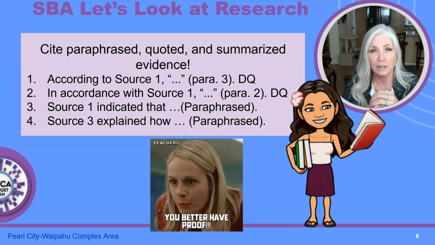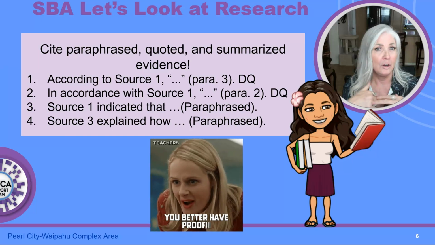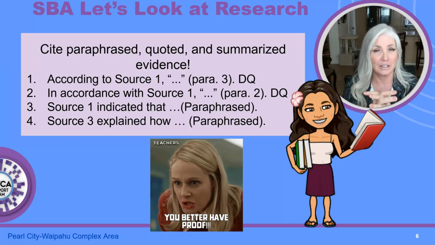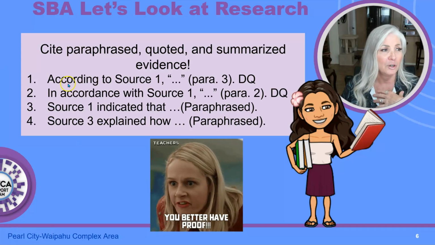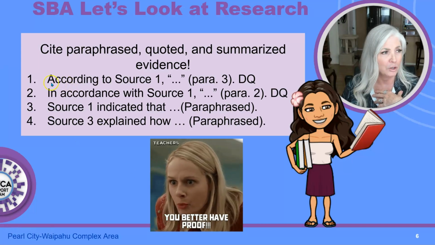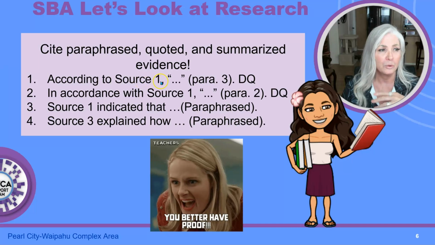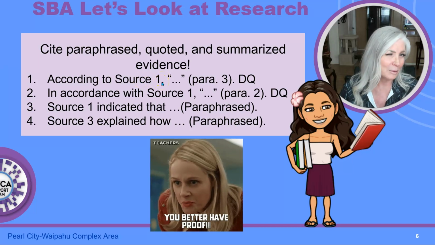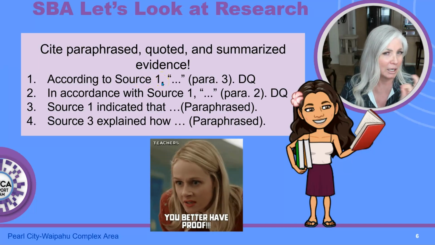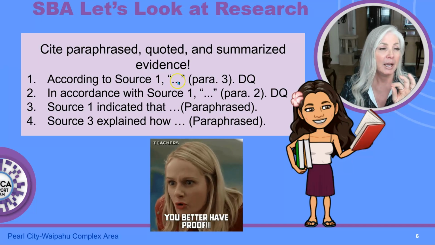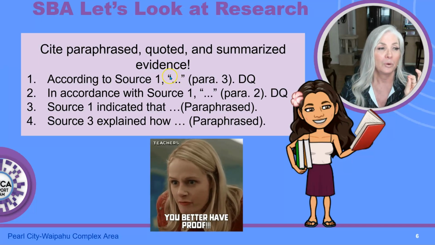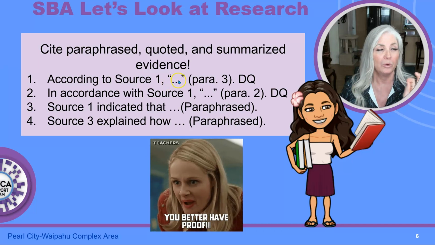And the way that we can cite our sources, and you can do this all the way up until you finish your doctorate, because it's the right way to do it, is if it's a direct quote, you could say, according to source 1. Now the first time you write the source, you might want to put the title in there. And then you put the directly quoted item that you're quoting.